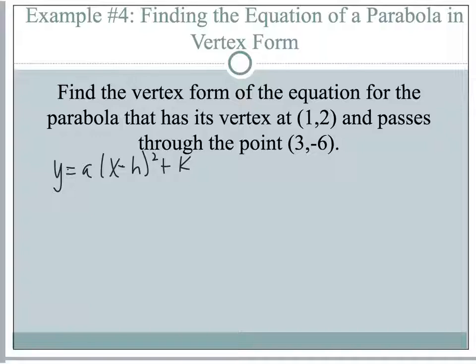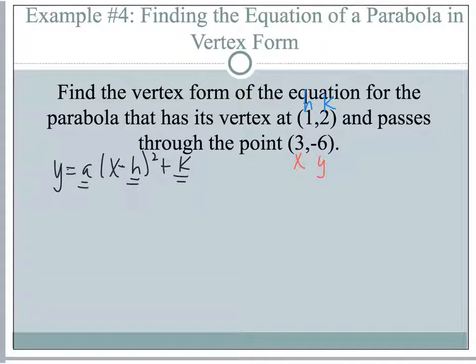If they're telling you that this just represents any old point, then this represents x and y. However, whenever they use the vertex, they actually mean h and k. So for us, all we're doing is we're going to substitute these values into our vertex form equation, and then the goal is to find a so that we can write the final version. And when we write it, we just want the a, the h, and the k as usual.